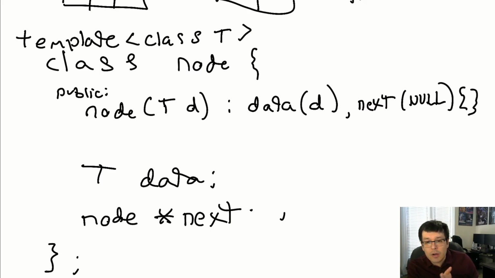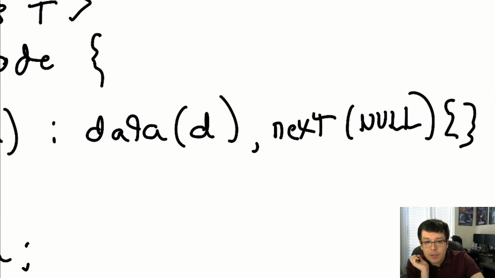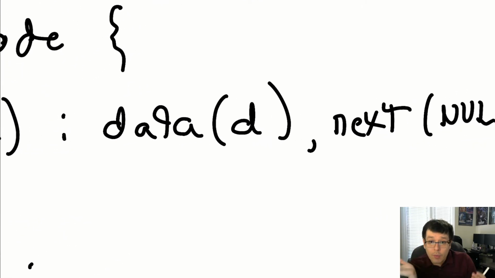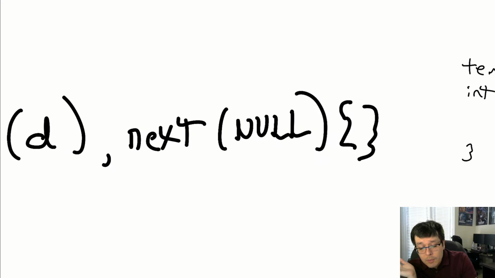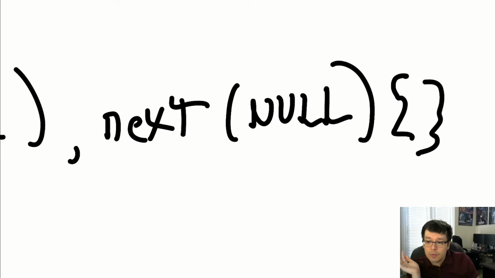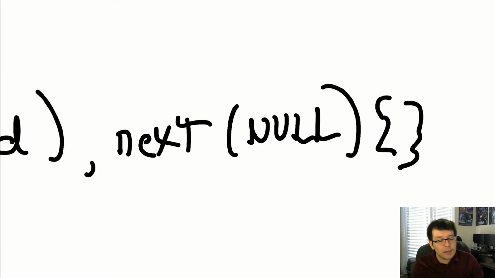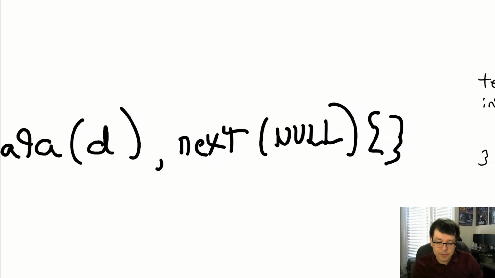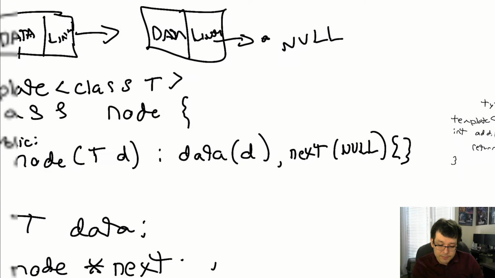So here I just made one constructor with the data, and because of that, I initialize the data with what it needs to store, but more importantly, I initialize the next pointer, which is that reference, to null. That's very good practice, because the last thing you want is to create a node and forget to initialize it to null, and that's how you get your seg faults and headaches. And you better be using debuggers for this stuff, because otherwise it's going to be a pain.